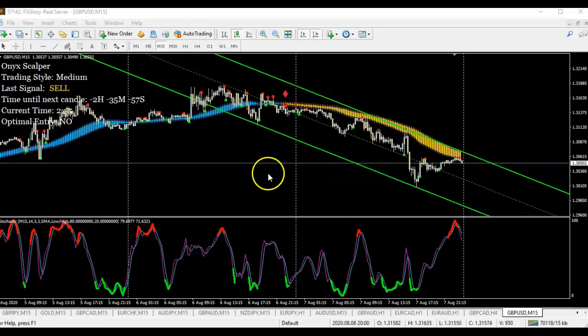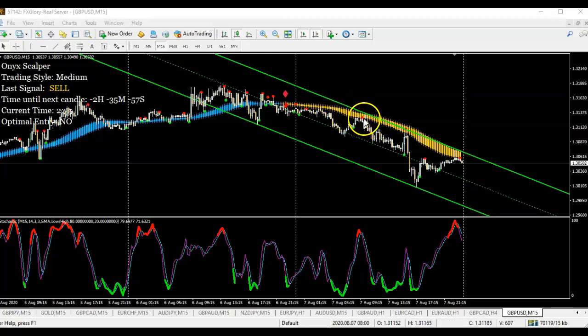Here's another excellent trade on pound US dollar, where the Onyx bearish bars are at the same levels as the jackhammer. And it doesn't get any better than this, knowing that we're in a downward trend, price breaking below the Onyx bars.